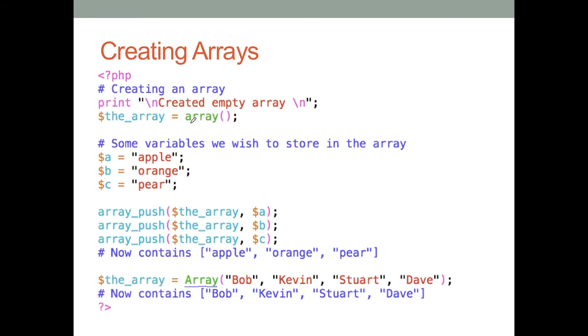This doesn't matter. They'll both do the same thing. They've both highlighted with the syntax highlighting to show that they're a keyword. So both of these will create a new array. That one creates an empty one. That one creates one containing Bob, Kevin, Stuart and Dave.